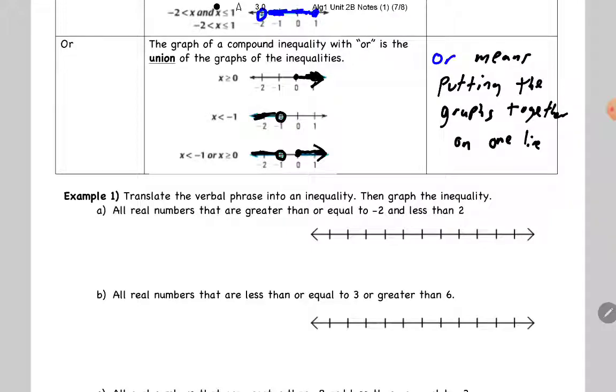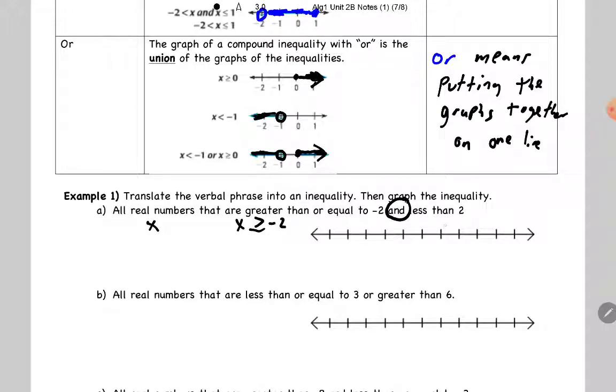So all real numbers, let's call that x, are greater than or equal to negative 2 and less than 2.